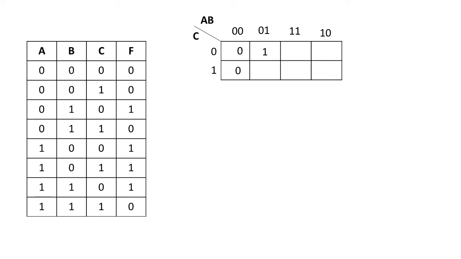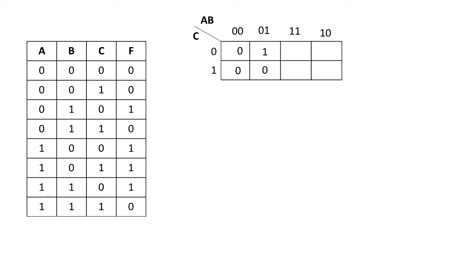Now the fourth row of the truth table: the value of AB is 01 and C is 1. Find out where we are going to put this function value 0. Observe 011, so AB 01 and C 1.